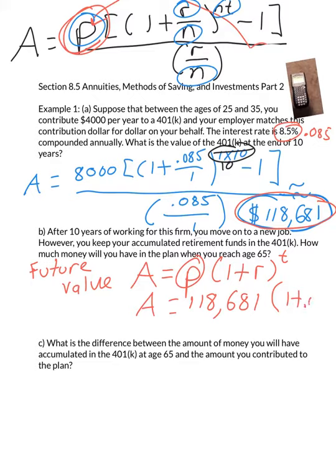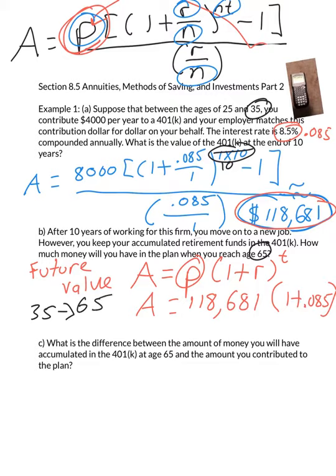So 0.085. Raise it to T, the time in years. Well, you left the other job at age 35, and that's when you stopped making deposits into that account as well. And you're going to retire, it says in part B, at age 65.